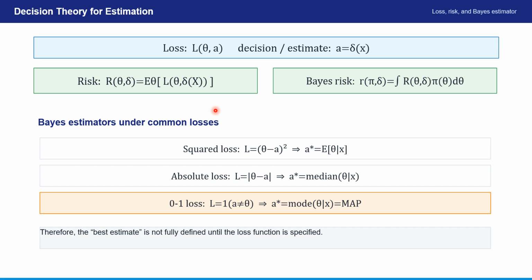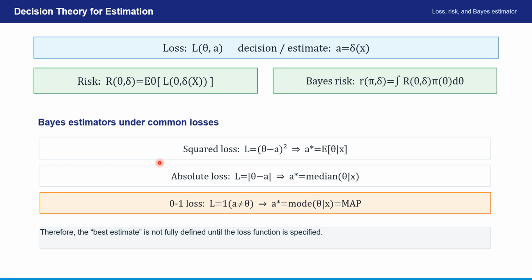The Bayes risk averages the risk over the prior distribution. It is R of pi and delta equals the integral of R of theta and delta times pi of theta d theta. Different loss functions give different Bayes estimators. Under squared error loss, L equals (theta minus A) squared.